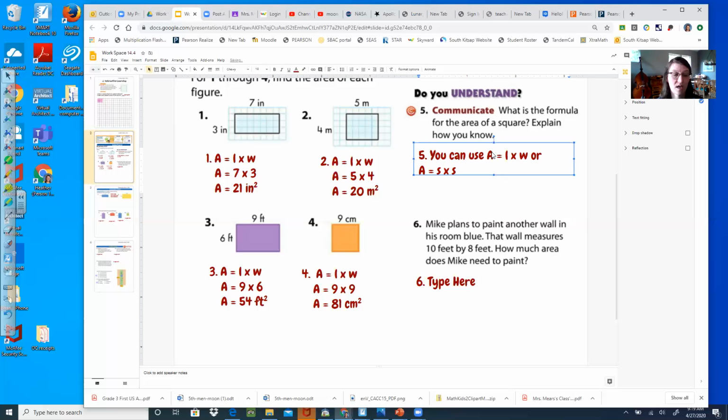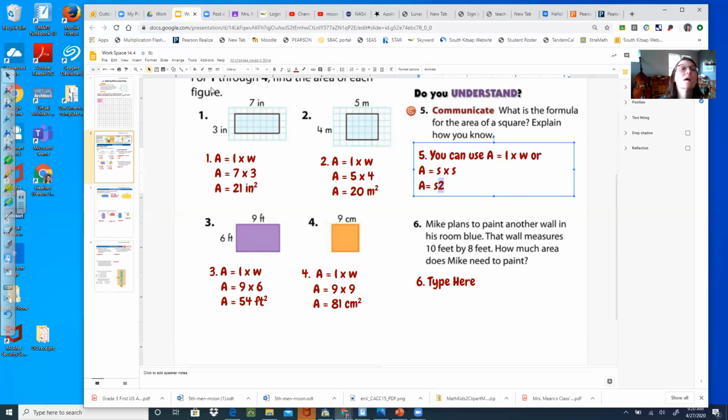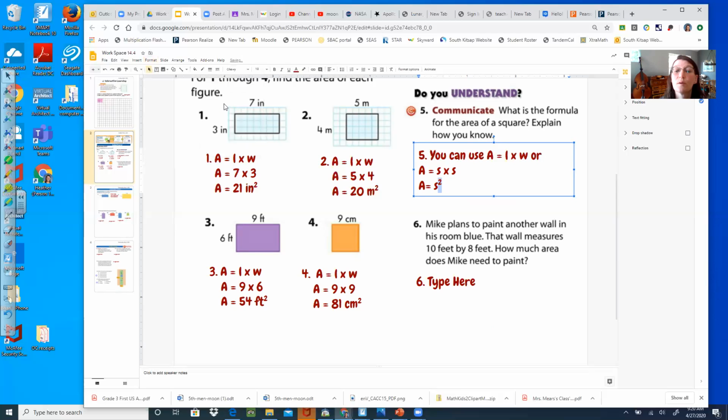And then beneath it, A equals, I don't really like how those S's look. Okay, now let's highlight that little guy. Hello, I want you highlighted. And we had gone up to format, and we had grabbed text, and we had done superscript. There we go, side squared.